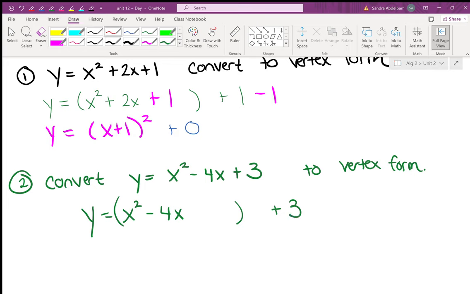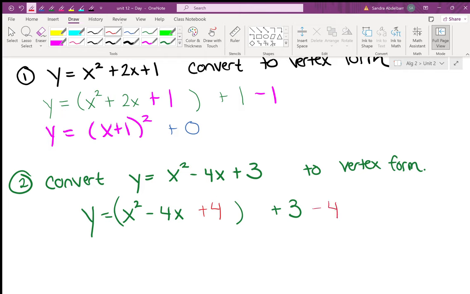Take half your x coefficient. What's my x coefficient? Yeah, so we're going to take half of 4, which is 2, and then square it. 2 squared is 4. So now I'm adding a positive 4 inside the parentheses. But to maintain the integrity of the equation and not change its value, what do I have to do outside the parentheses?